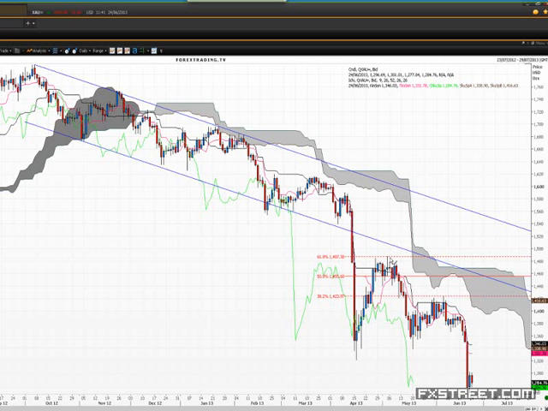I've drawn in a Fibonacci retracement of that complete mess, and you can see we bounced, retraced 61% of that, double top, with all the aspects of the cloud chart dropping down, still dropping down, absolutely relentlessly.